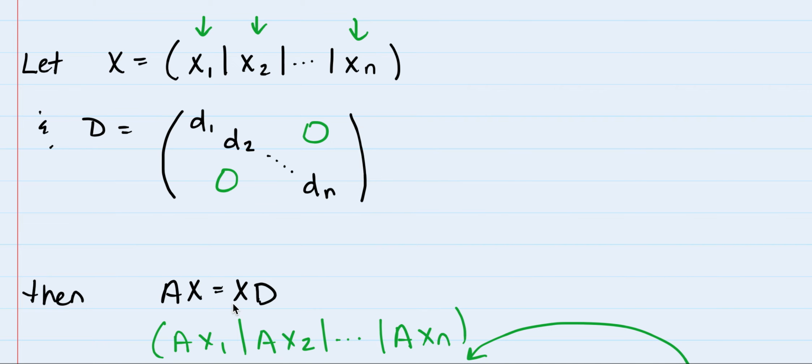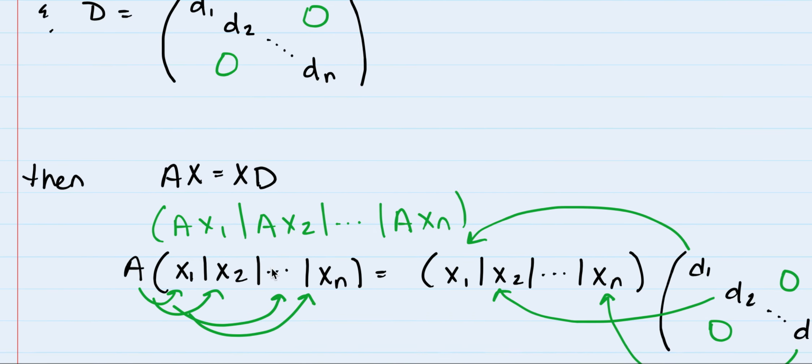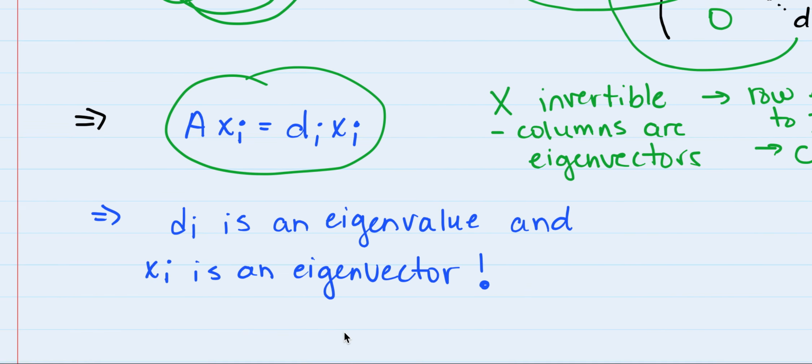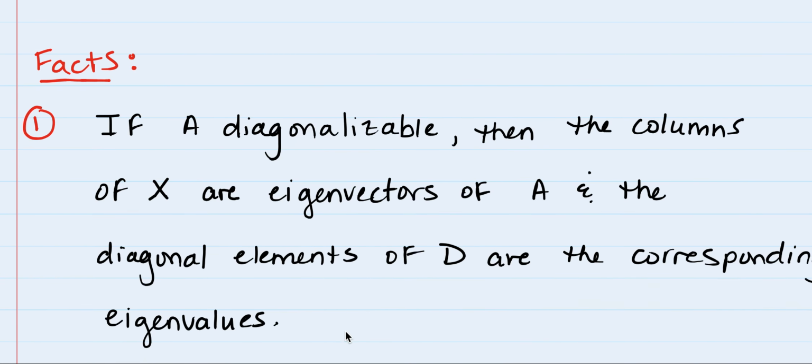When we let X equal this and D equal this, when we had A times X is equal to X times D, that's the definition of it being diagonalizable. Remember that we got this property here. So we can see that the Di's were eigenvalues and the Xi's were corresponding eigenvectors. Scroll back down. So that's the first fact.